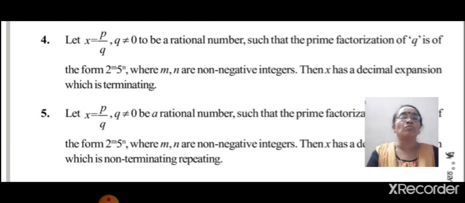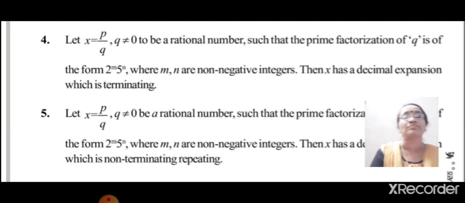Let x equal to p by q, where q is not equal to 0, be a rational number such that the prime factorization of q is of the form 2 raised to m, 5 raised to n, where m and n are non-negative integers. Then x has a decimal expansion which is terminating.